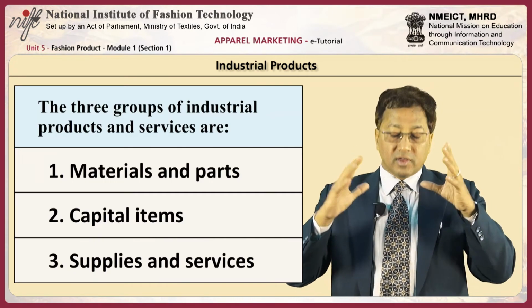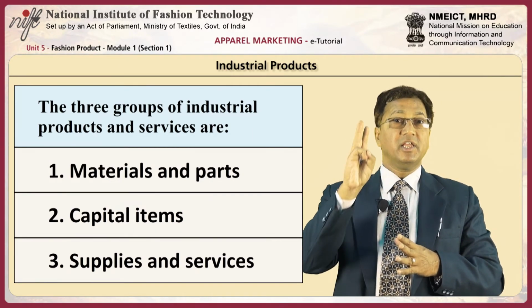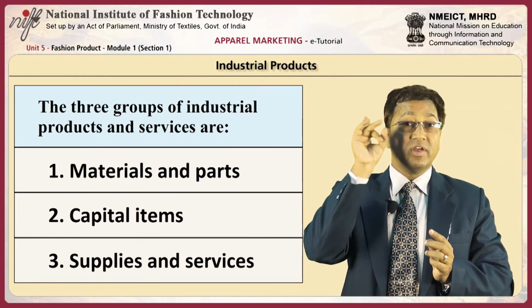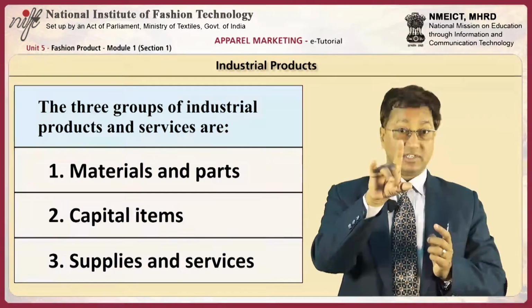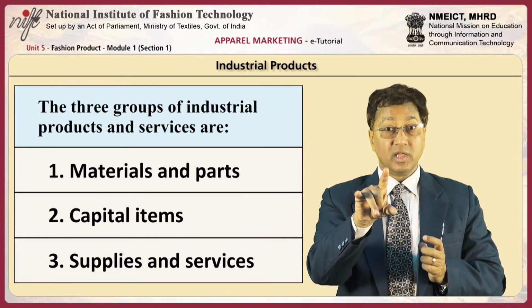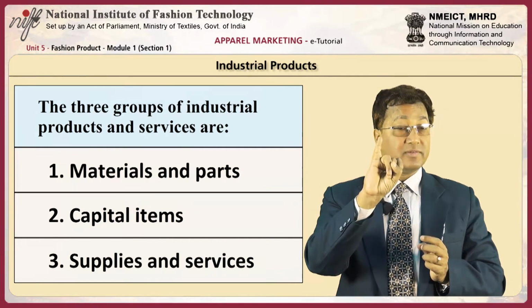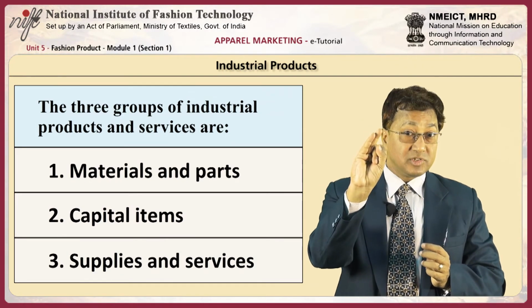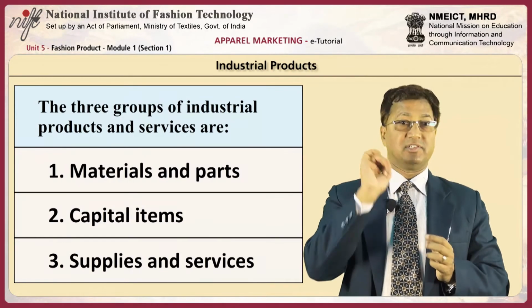So, further dwelling on the industrial product, the three groups of industrial products and services include materials and parts, capital items, and supplies and services.